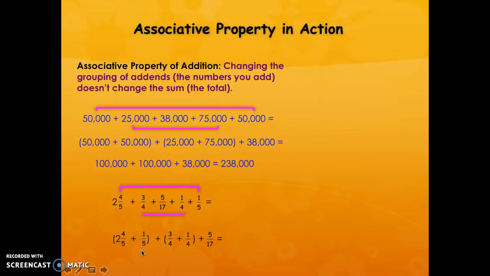So my 2 and 4 fifths plus my 1 fifth is going to give me 3. This down here, my 3 fourths and 1 fourth is going to give me 1. So my 3 plus my 1 gives me 4 and 5/17. So that's the associative property. You can group them differently. You can move the numbers around and group them differently.